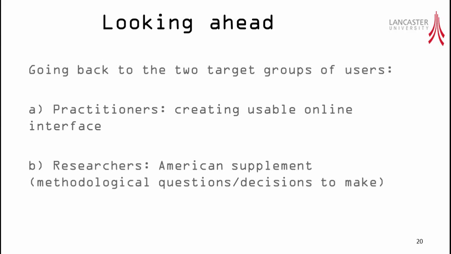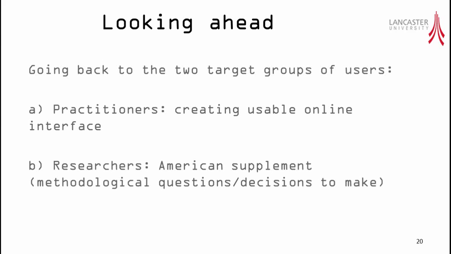For the researchers, we've been working on the American supplement of the new general service list, and we are looking at the variation of lexical items across different varieties of English.